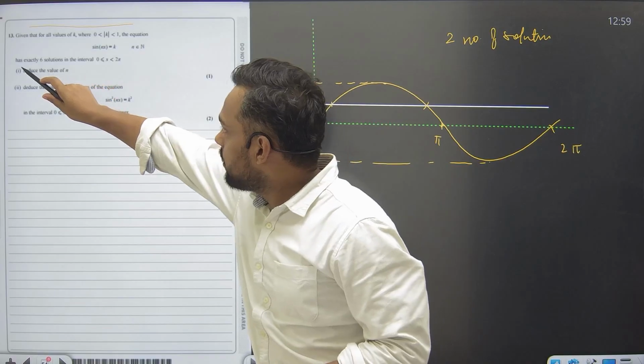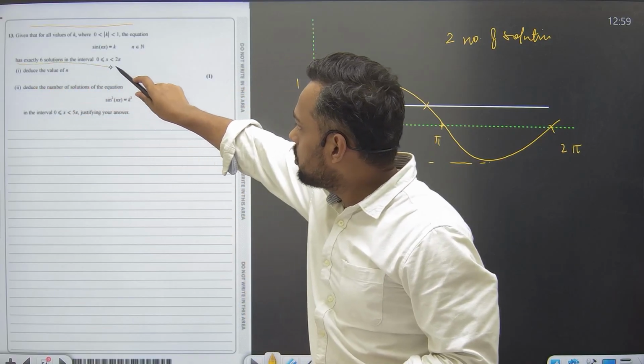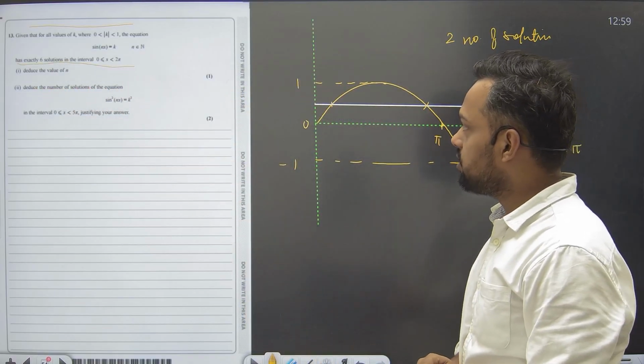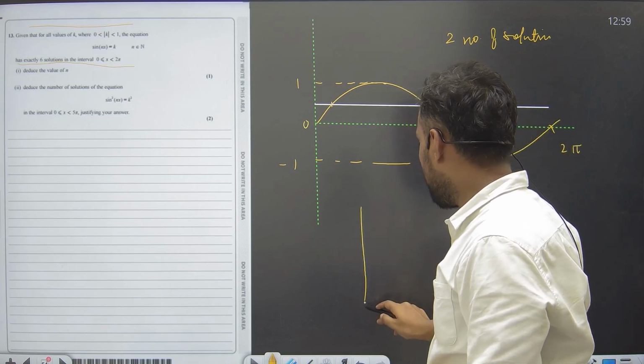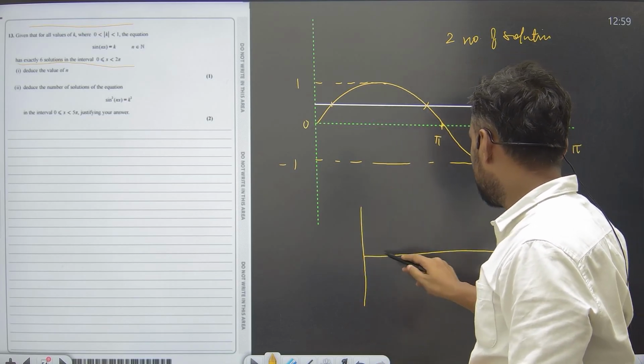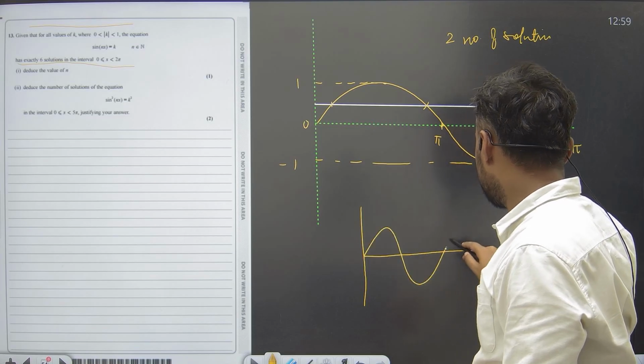In the question, they have told that this equation has exactly 6 solutions in the interval. So for 6 solutions, I'll draw a random graph for you.